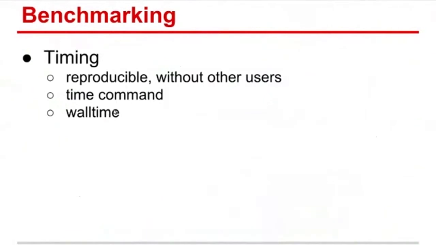So for doing a timing, you have to make sure that it's reproducible, that you have no other users on the system. So again, you need to ensure that you reserve the whole node. And you can use the time command and look at the wall time to see whether you're getting a speedup when you're running a parallel program.